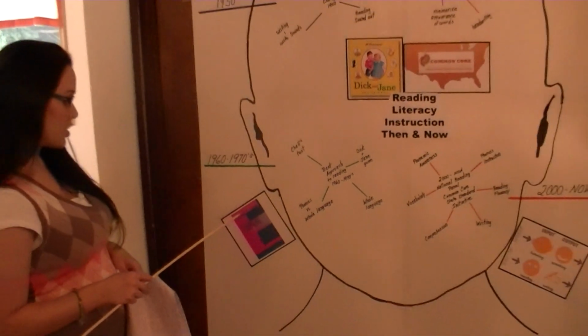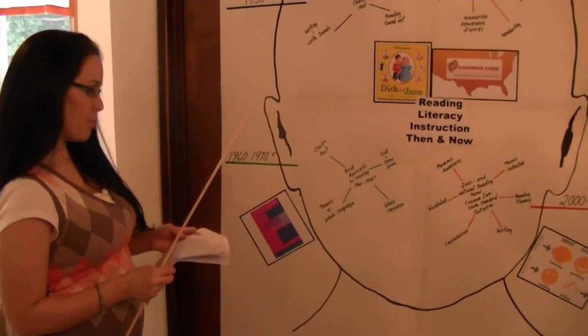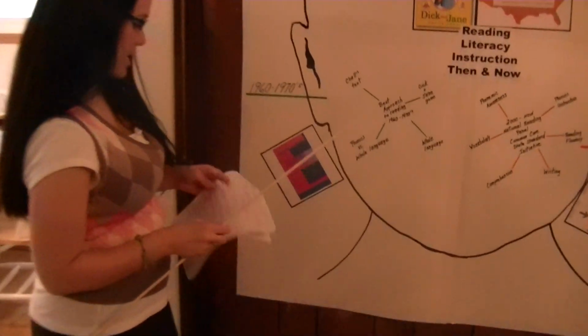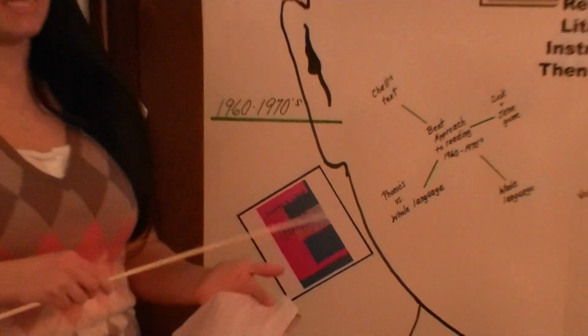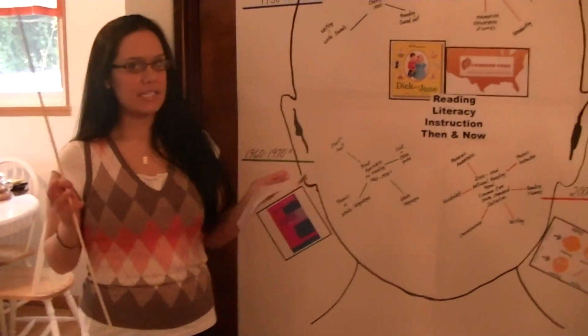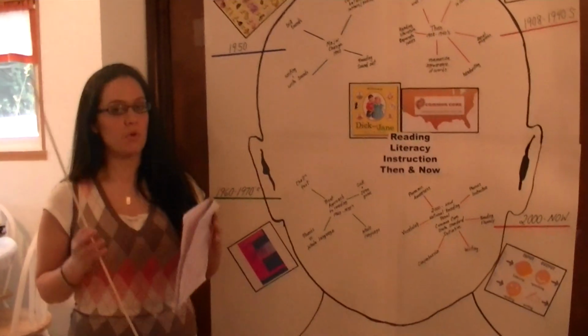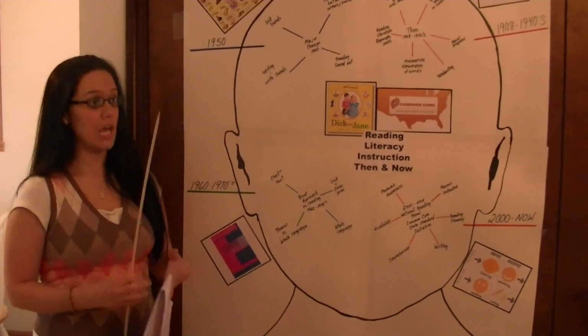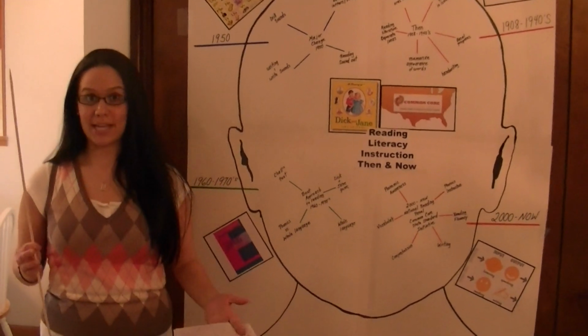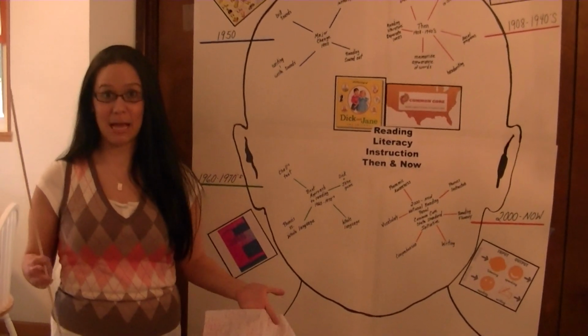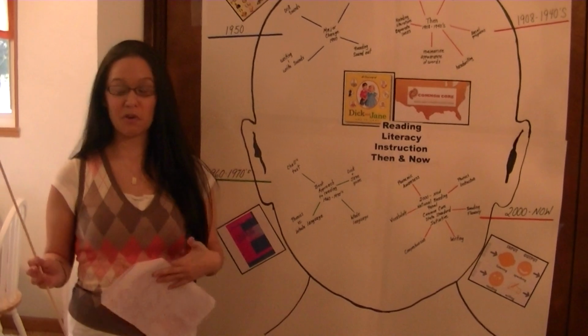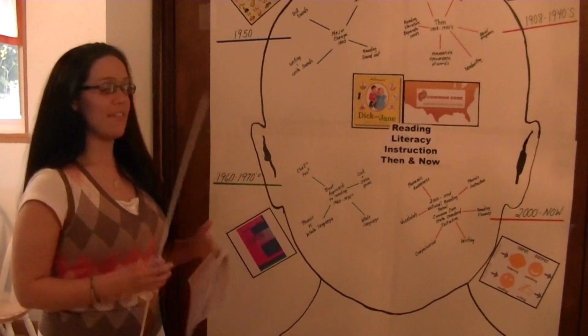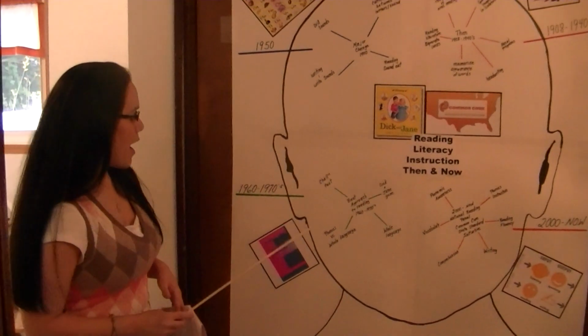And Jeanne S. Chall wrote a book called Learning to Read, and her main idea in this book was the great debate. What's the most effective way to teach literacy instruction to children so we can have literate individuals by the time they leave school, so they could go into the workforce, so they could go out to college, and they could be literate individuals.